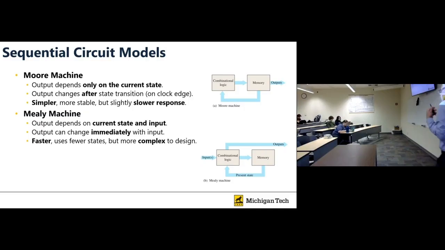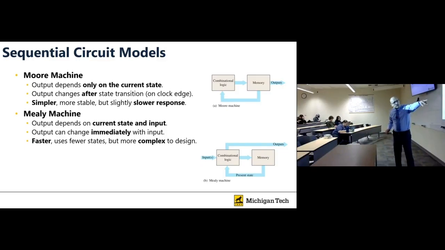It depends on what we want to take out. If we want to take out the state, we can take it from the memory here. But we still have the input to make decisions in this combinational logic. So maybe here we want to involve input, kind of. That's why we take output from combinational logic. But it depends on the system. Anyway, a system in which input is involved in making decisions is called Mealy.